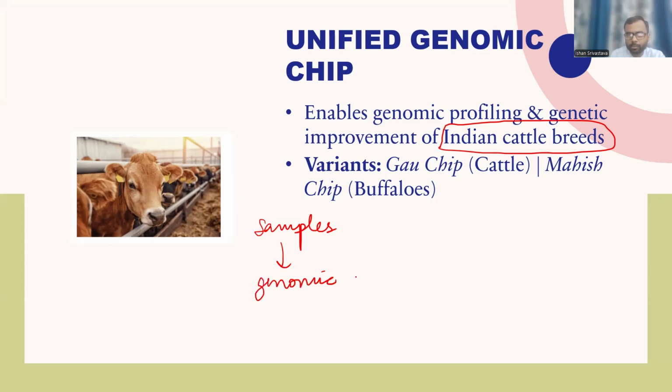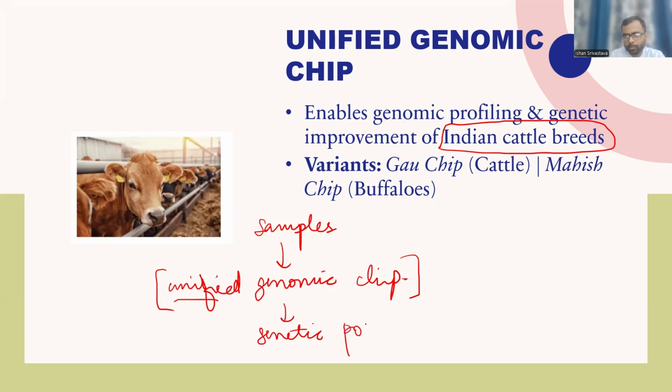That genomic chip is unified in the sense that it has the genetic information of a lot of different species. Using this genomic chip, you can identify the genetic potential of that cattle.